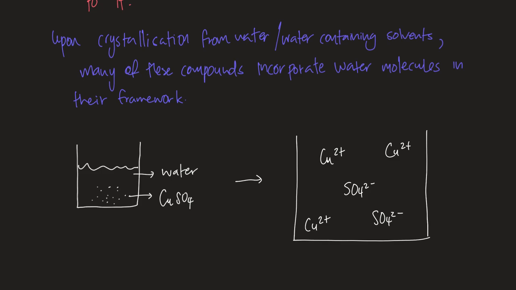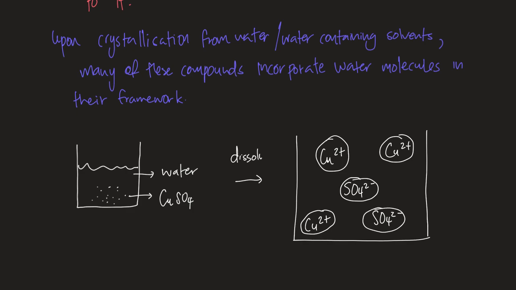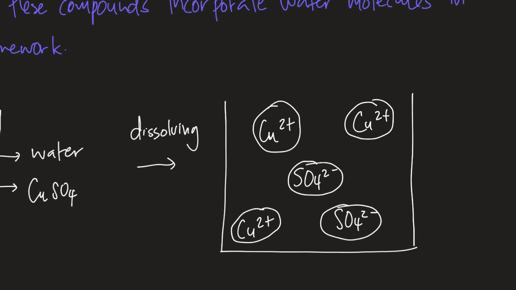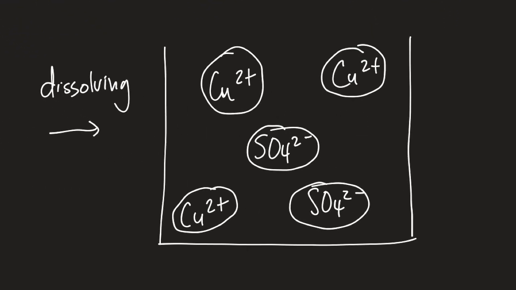How they get separated like that, I'm just going to circle them. When they go through the process of dissolving, they no longer are the ions. So what actually happens is that around the Cu2 plus, you have the water molecules doing something like this. The delta negative side is going to attach to the positive ions.